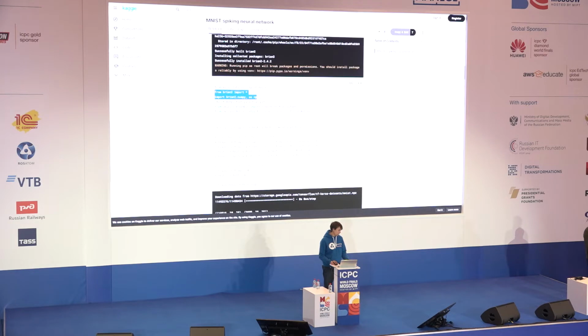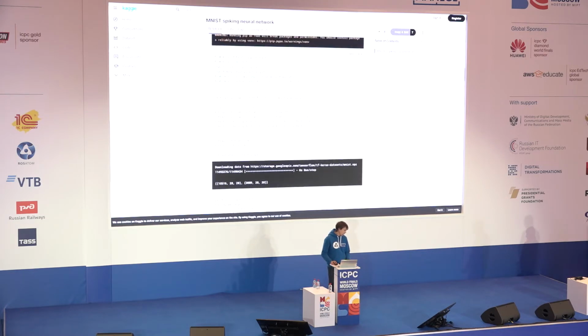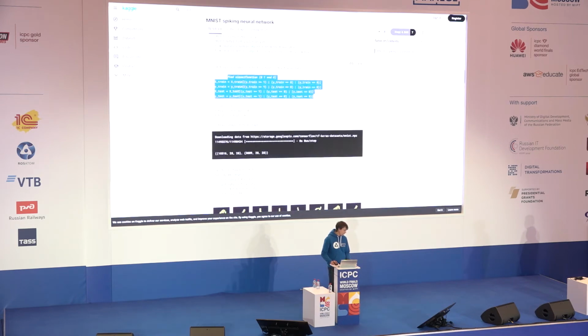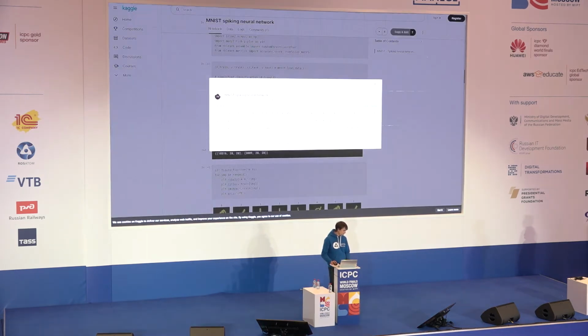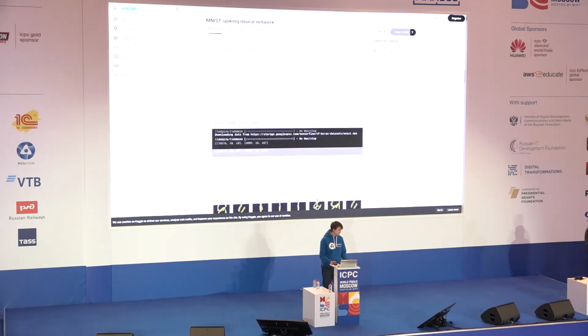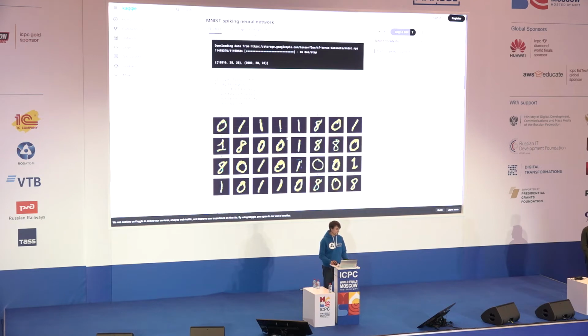We use NumPy and Brian2 components. Next is not important. We load our dataset, and we simplify our task, taking just three classes: 0, 1, and 8. It's a simplification, but it is enough for our experiment.